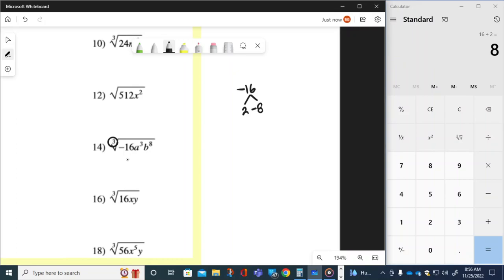So the 8 is negative, and the 2 is prime, okay? And then when you split the 8, you are going to have 2 times negative 4, so one of these guys is negative.